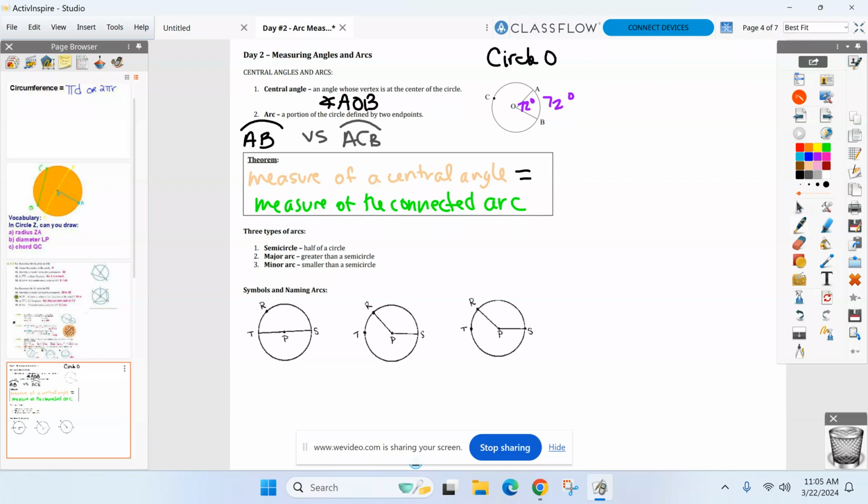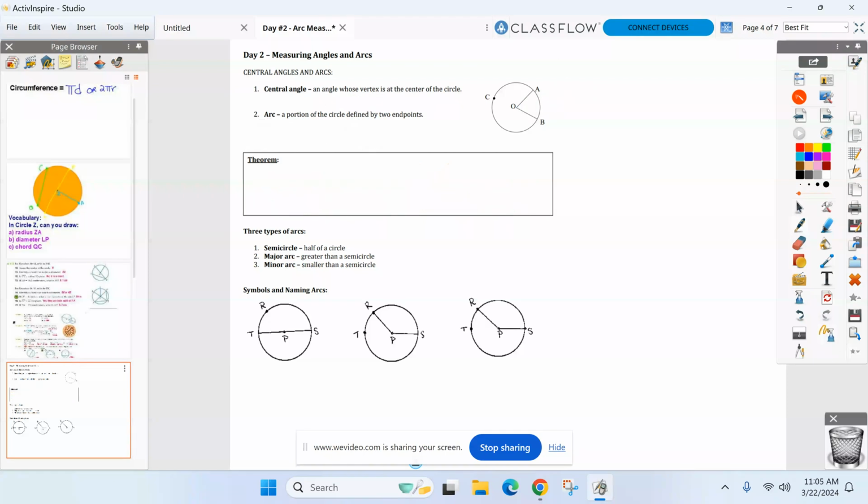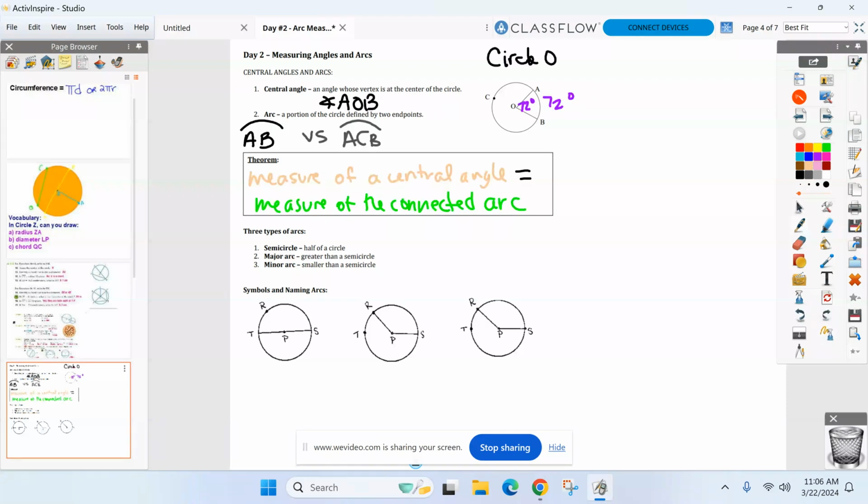Remember yesterday I asked for some circle facts, and somebody said how many degrees are in every circle? 360, right? So what that means is this is 72 degrees out of a total of 360. Whatever the central angle is, it's equal to its arc measure. They are always equal to each other. Questions, comments?